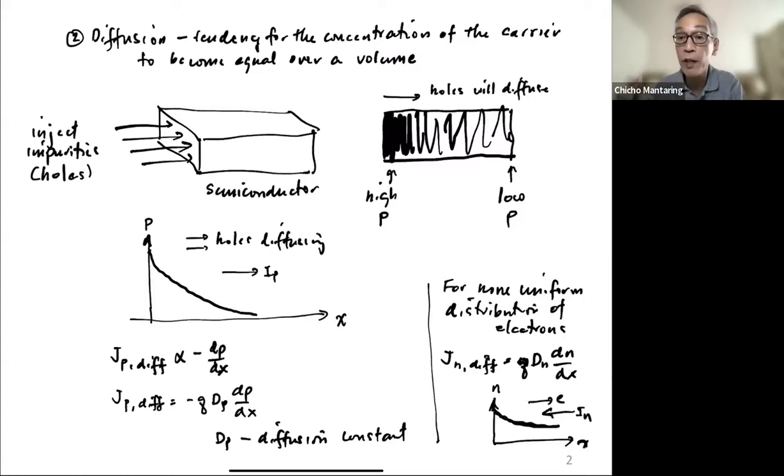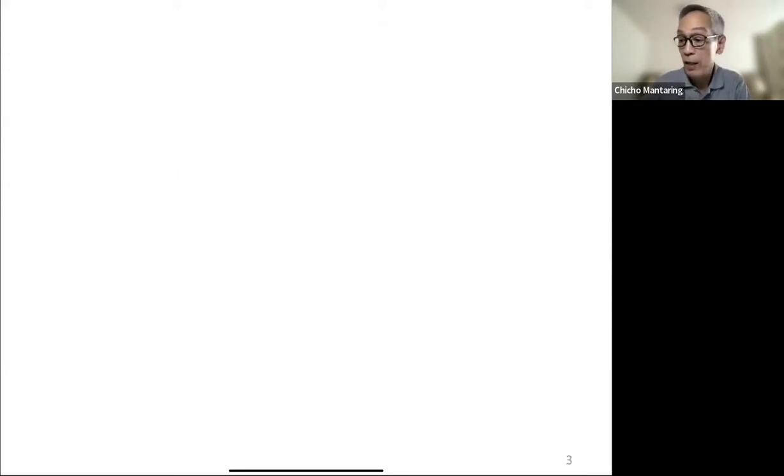The direction of flow of current will be opposite the direction of flow of electrons, which is proportional to the negative of dN/dx. That's why the negative sign disappears. So J due to diffusion will just be Jp due to diffusion plus Jn due to diffusion.